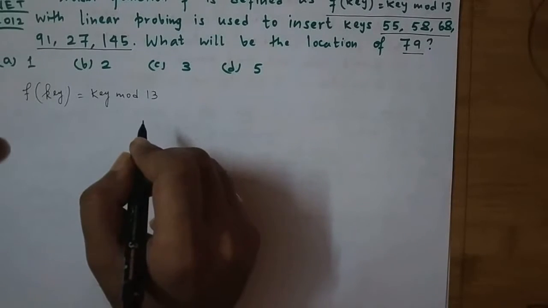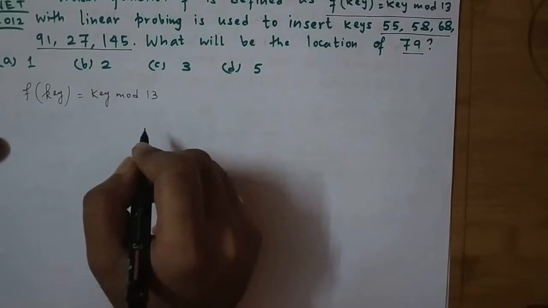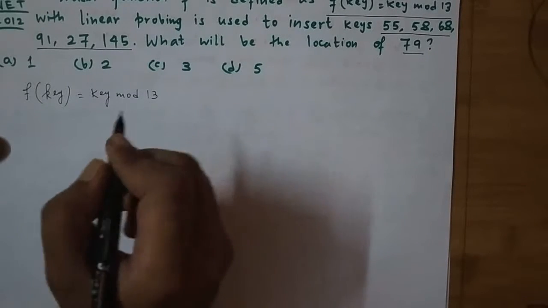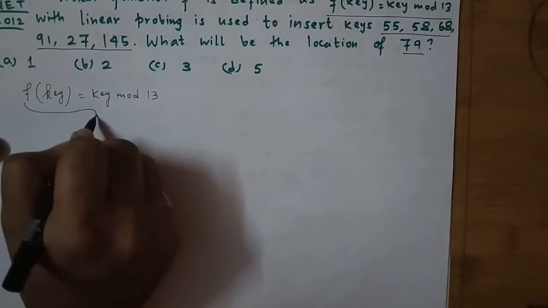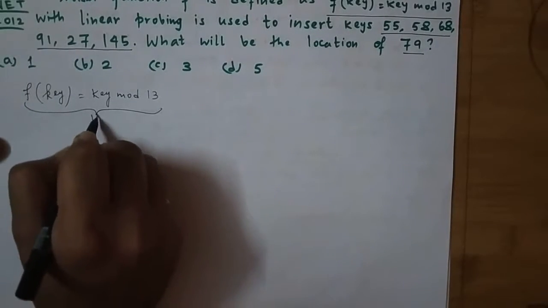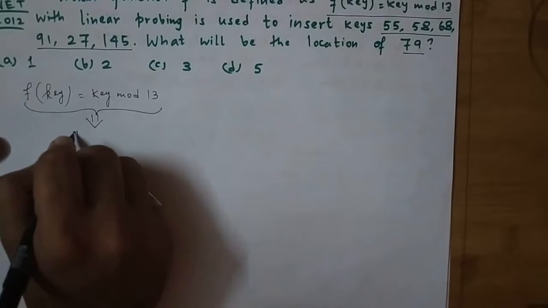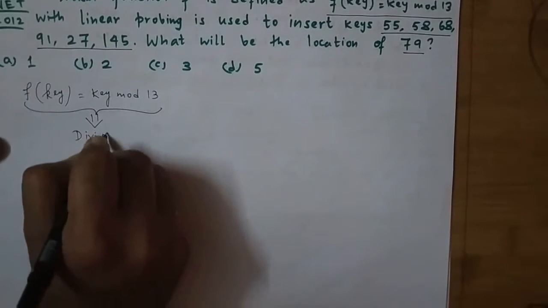One thing that we know from hashing techniques is that this function is nothing but the division method.